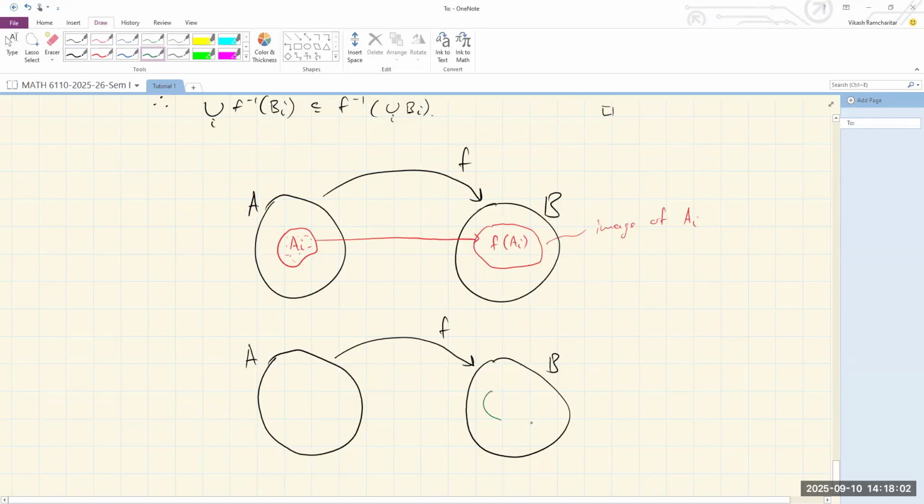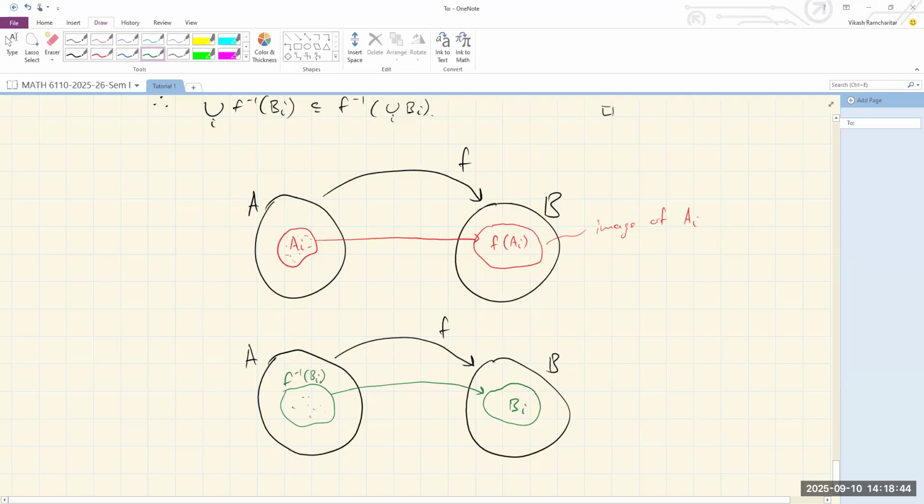So the pre-image means I start with a set in the codomain B, call it B_i. The pre-image of B_i is everything in A such that when you apply f to it, it takes you over here. So this is f inverse of B_i.